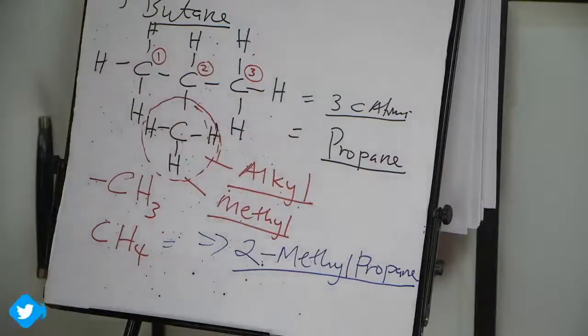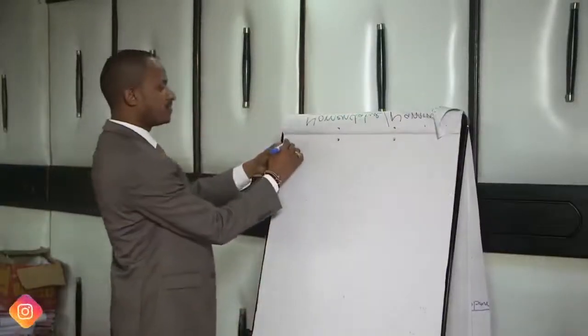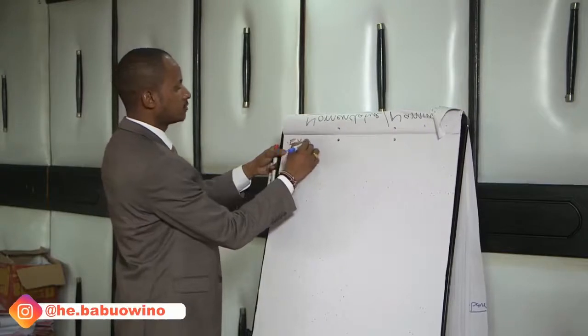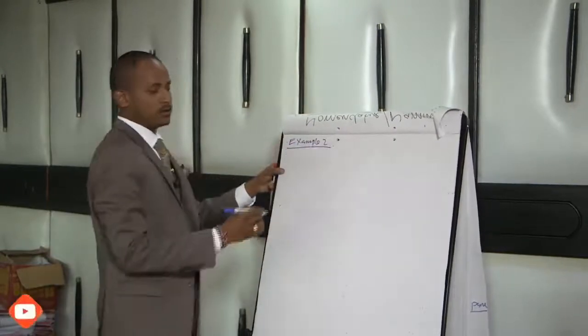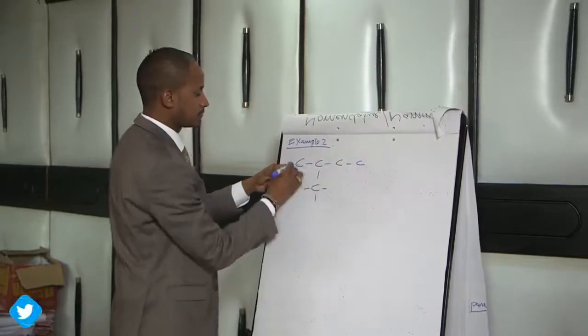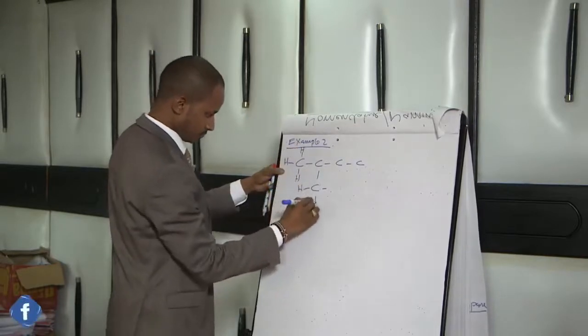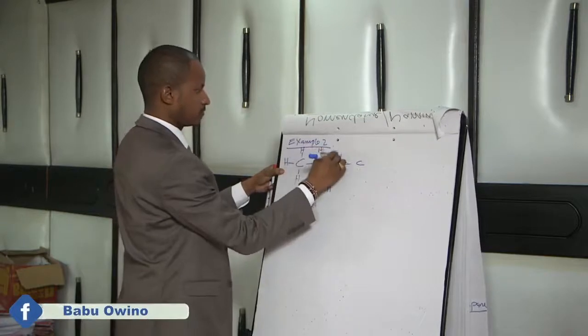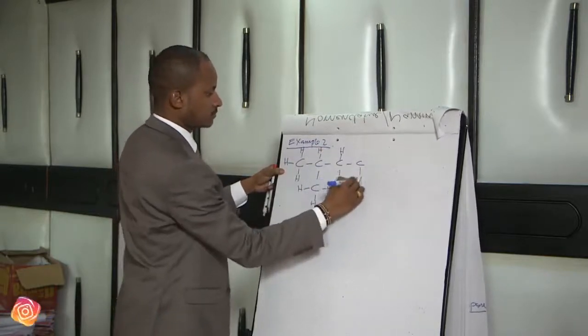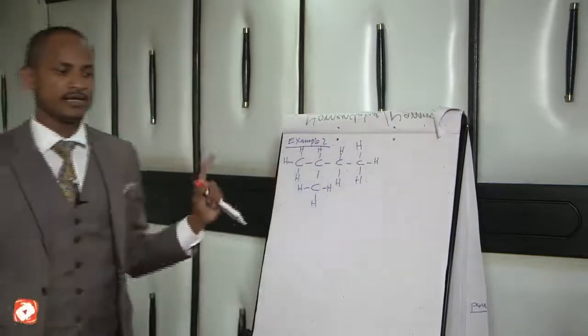I will give you another example so that we get used to them. Let's take another example of another branch. Example 2. Class, concentrate here keenly.